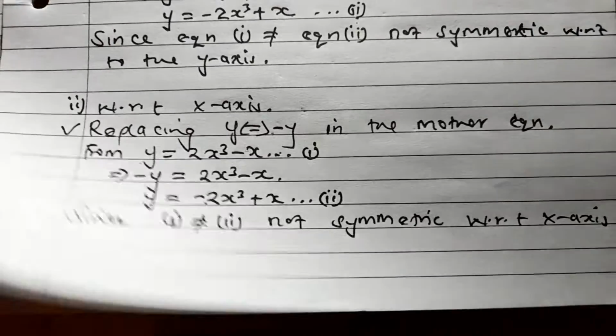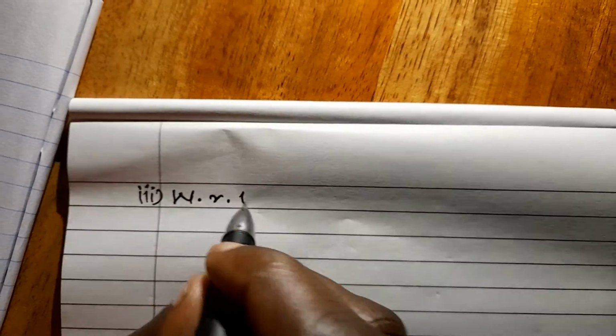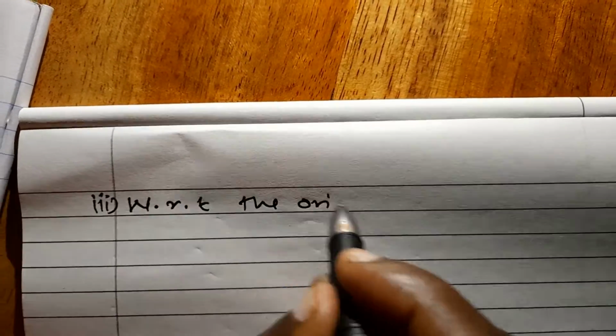So let's go to Roman 3 on a new page here, and we try to test for symmetry with respect to the origin.